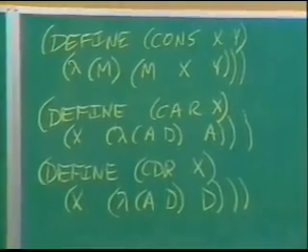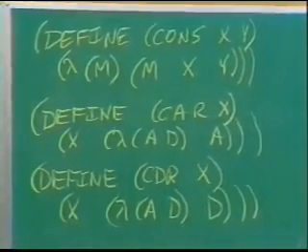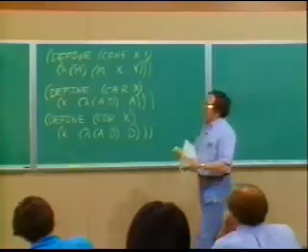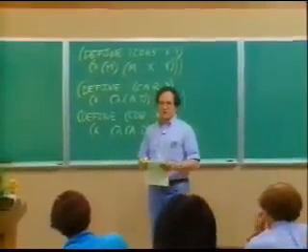Now you may not recognize this as car, cdr, and cons, but I'm going to demonstrate to you that it satisfies the original axioms just once, and then we're going to do some playing of games.